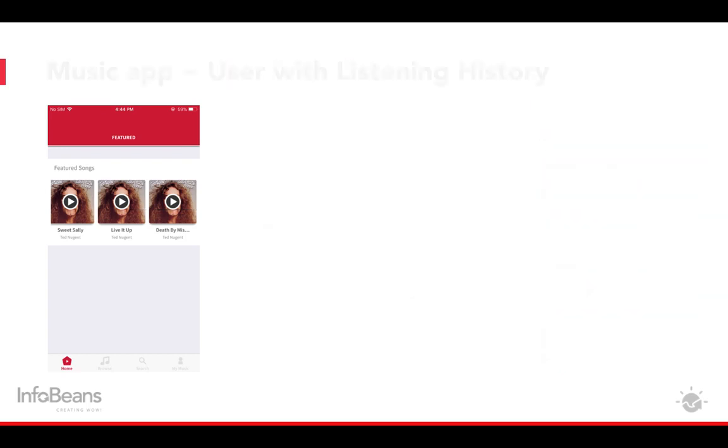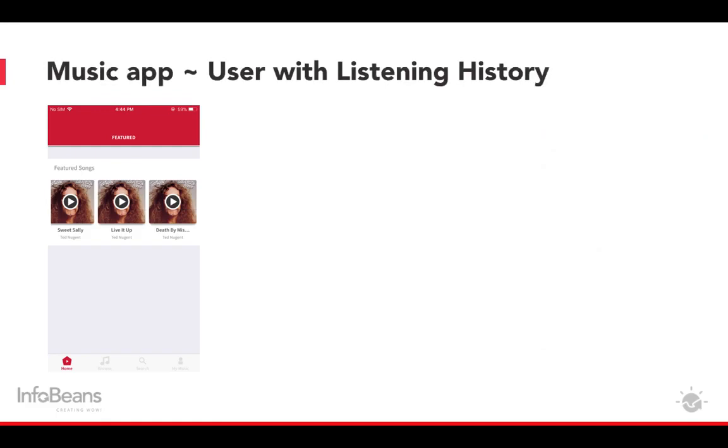Let us understand when a user has a listening history. Let's assume I'm logged in as another user who has some listening history. So if I again select the same song, then the system uses a different algorithm to provide the recommended songs. Let's understand what the system does. In this case, the system uses collaborative filtering on the basis of listening history.